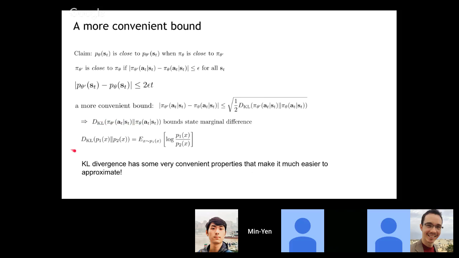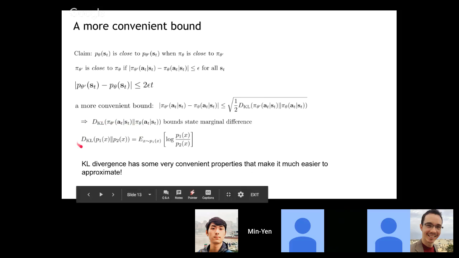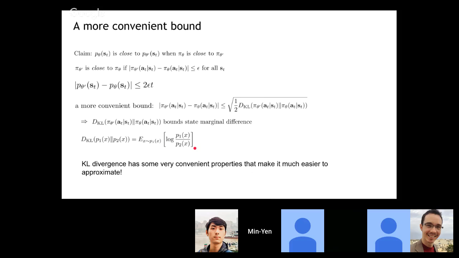This is the formula for the KL divergence. I think he explained that KL divergence is used in many applications. There are a lot of nice properties of KL divergence, so it's just a more convenient form to work with. So using the KL divergence, this would be the new, more convenient bound, as given here.